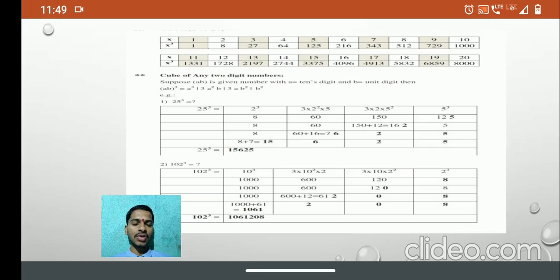The expansion of that formula is a cube plus thrice a square b plus thrice ab square plus b cube. Here the sequence plays a vital role, so we must keep that in mind.